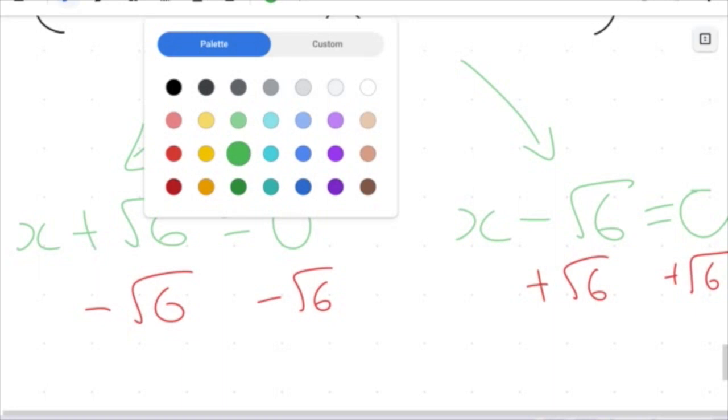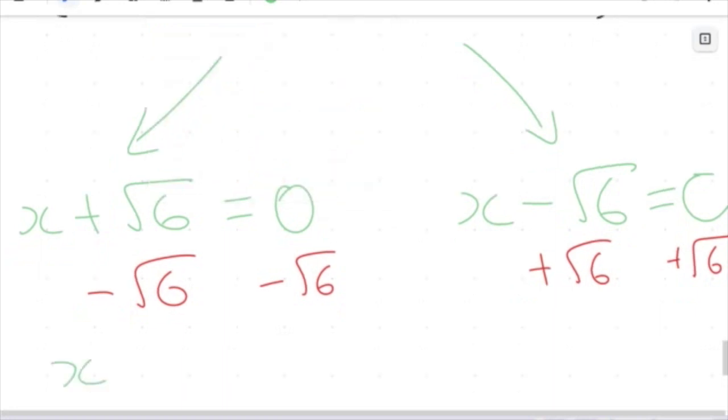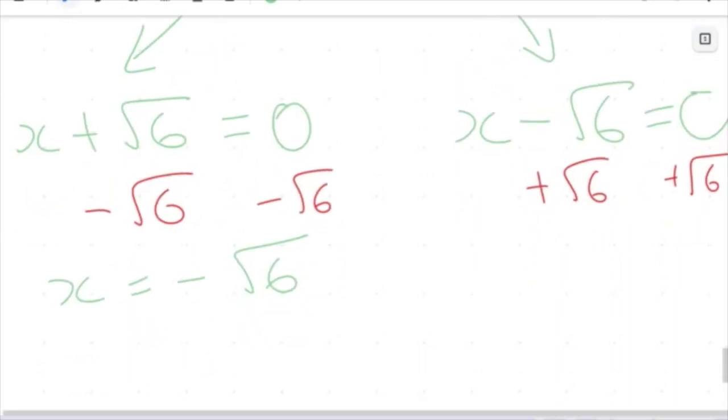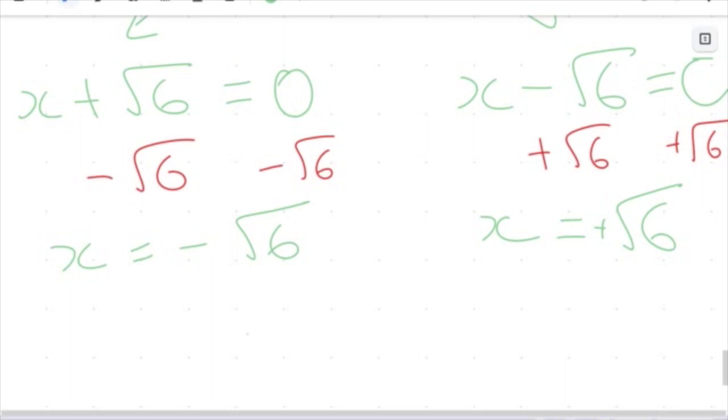And I get x on its own on the left and minus root 6 on the right. 0 minus root 6 gives me minus root 6. And x is on its own on the left here once again, and that equals 0 plus root 6, which gives me positive root 6. So my x I can write as being plus or minus root 6.